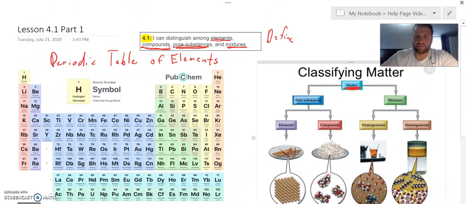And now the definition that we have left is pure substance. So something I want you to realize is that if a mixture is combining two things, a pure substance is going to be the opposite, okay? So these are opposites of one another.